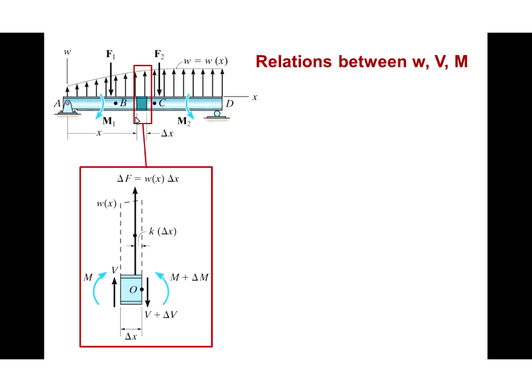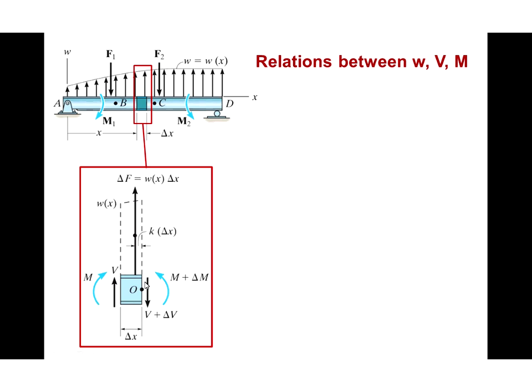If we magnify that little location and look at that portion of the beam, then on the left side, following our normal sign conventions, we have a shear force V pointed upward and a bending moment pointed clockwise.